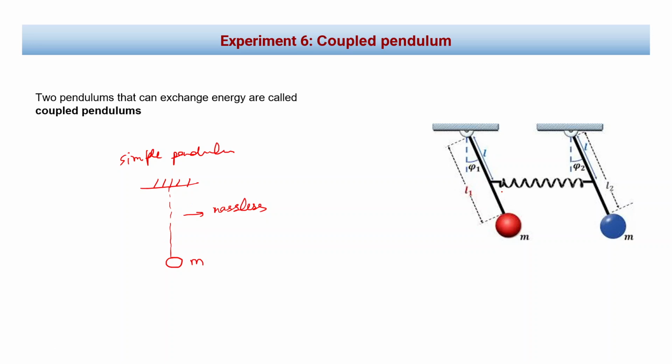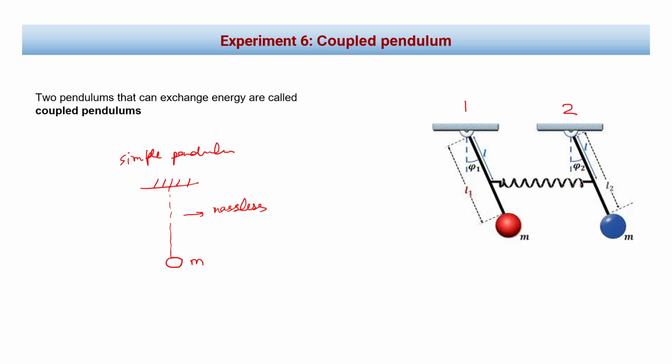But here, as you can see in this diagram, separately, this is one simple pendulum. If you remove for a minute, if you don't think about this spring here, then this is one simple pendulum, this is another simple pendulum. If we do any disturbance in simple pendulum 1 and something to simple pendulum 2, they will be independent of each other. But if in some way we want them to interact, then we need to join them.